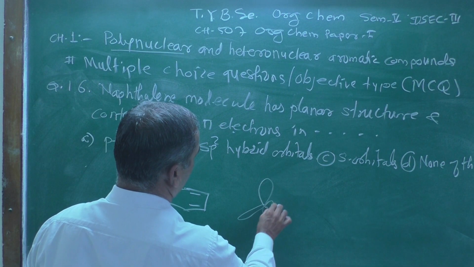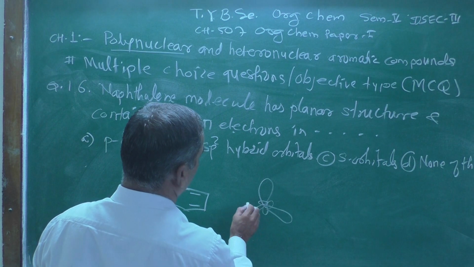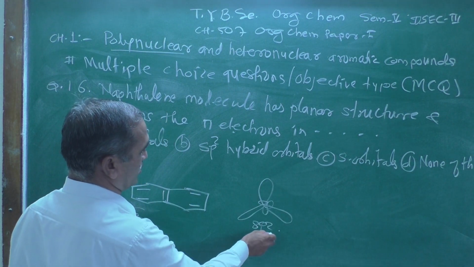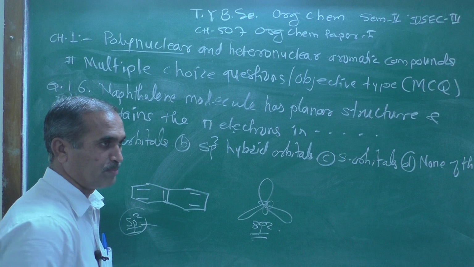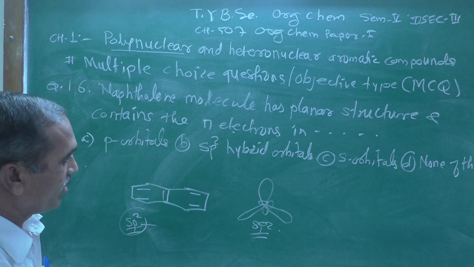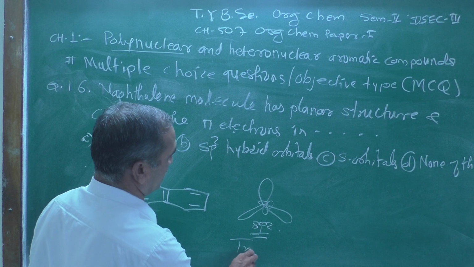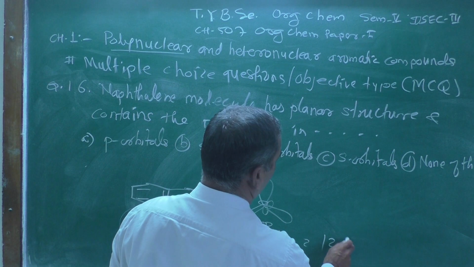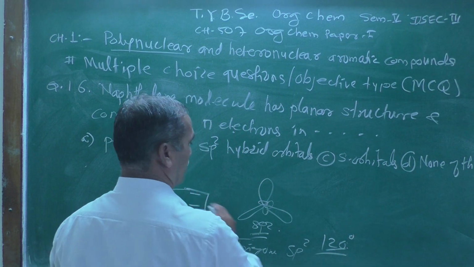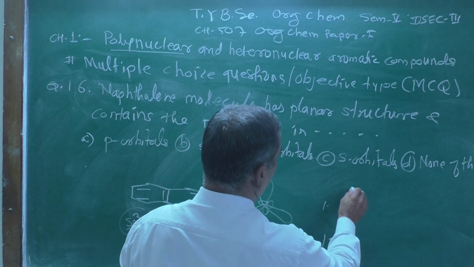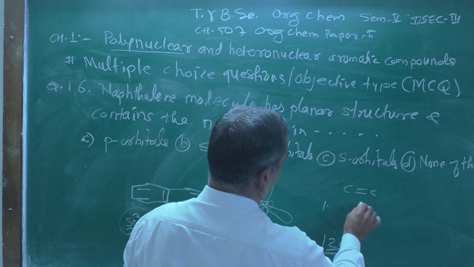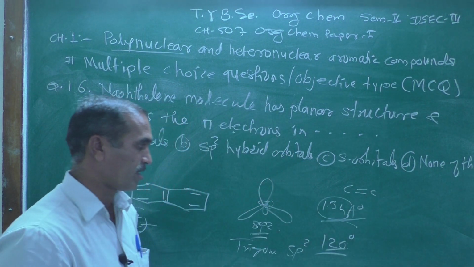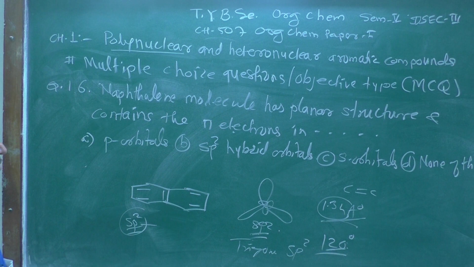This is the structure of the sp2 orbital, which is planar. It has trigonal geometry, the bond angle is 120 degrees, and the carbon-carbon double bond length is found to be 1.34 angstrom. This is just for your information.